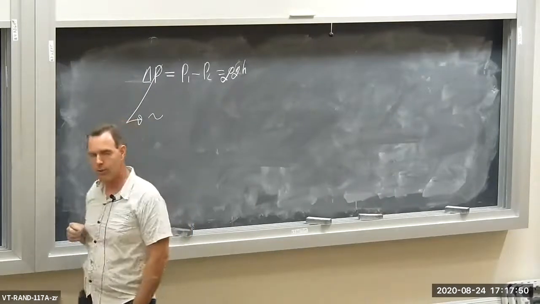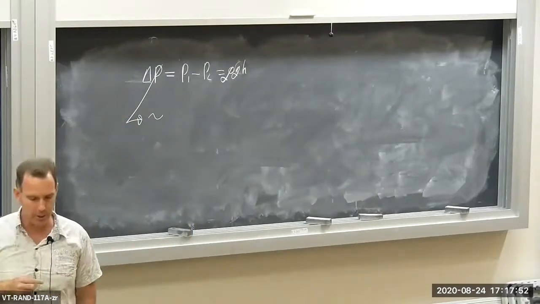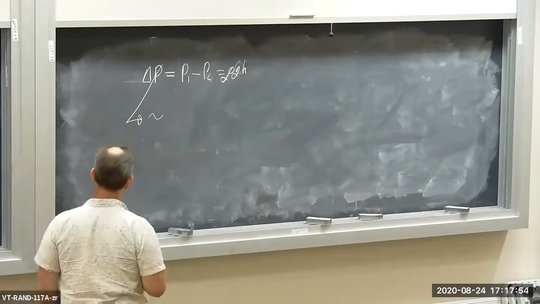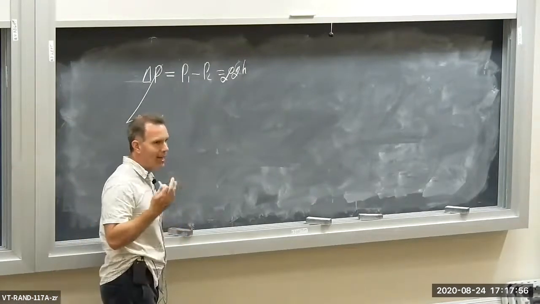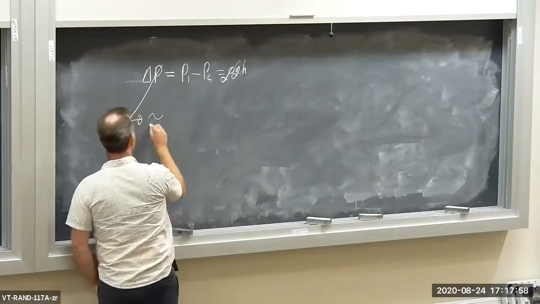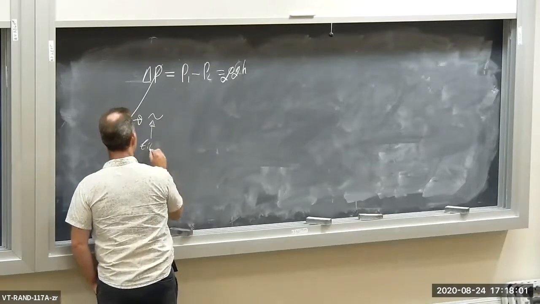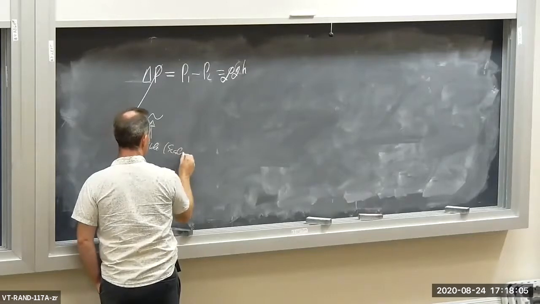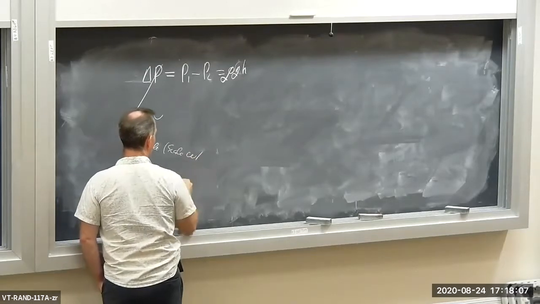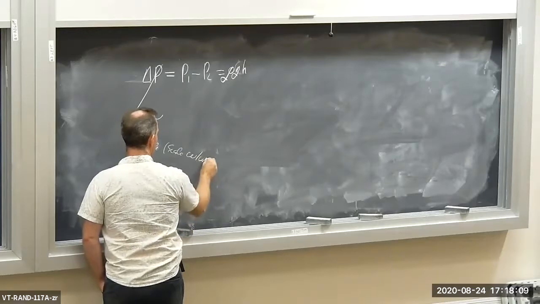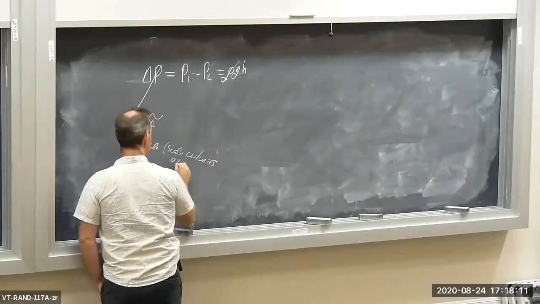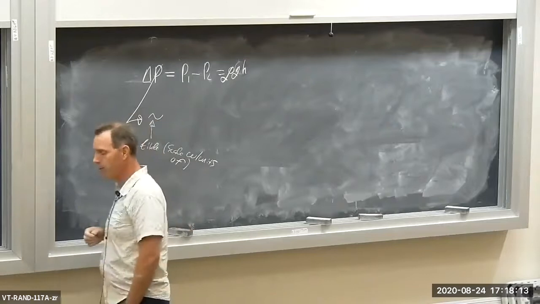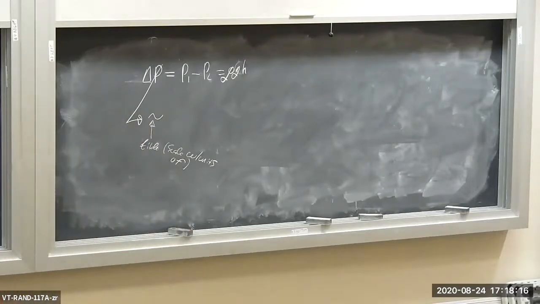See that squiggly line right there? I'm going to call that a tilde, which means scales with or has dimensions of.